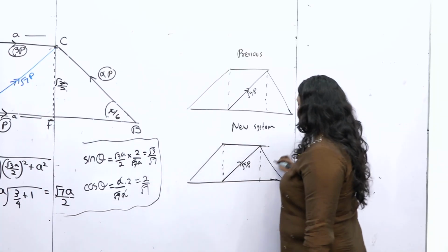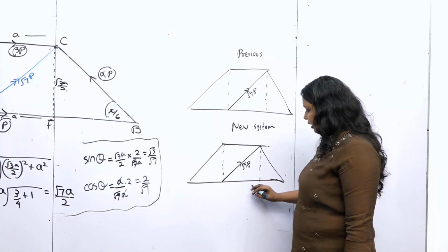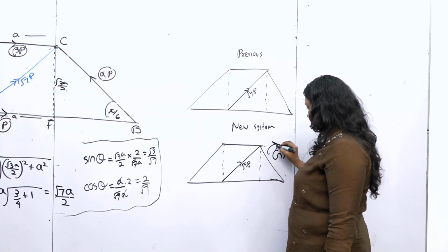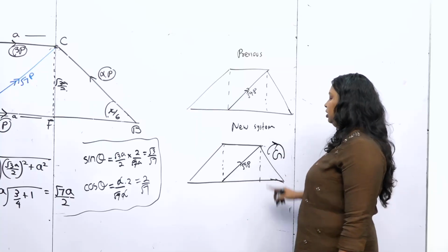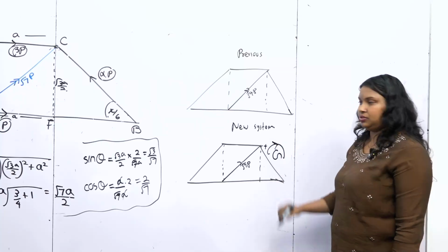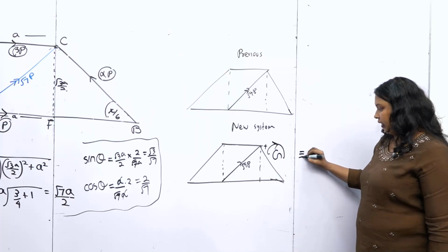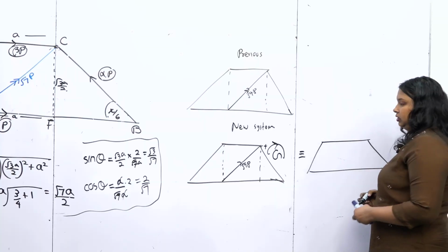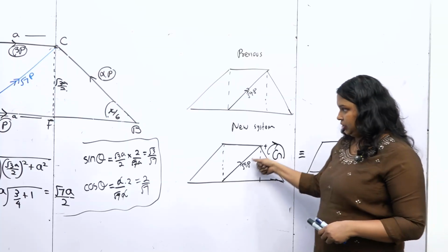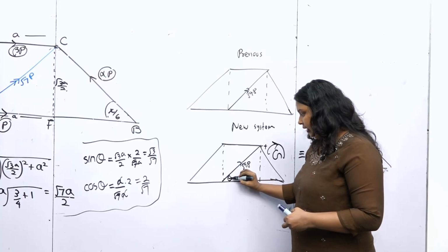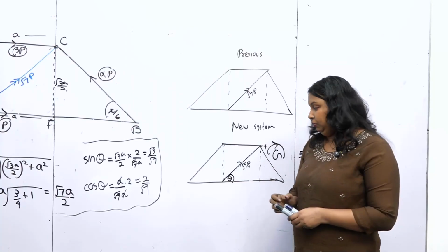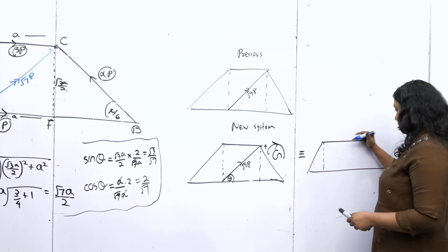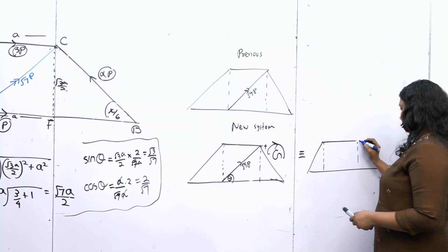Now a couple is added, right? I will just draw it this way. This is the new system, and this will be equivalent to the old system plus a couple. Now it was previously passing through this, making an angle theta, root 7p. Then this new resultant force is passing through F, they say.